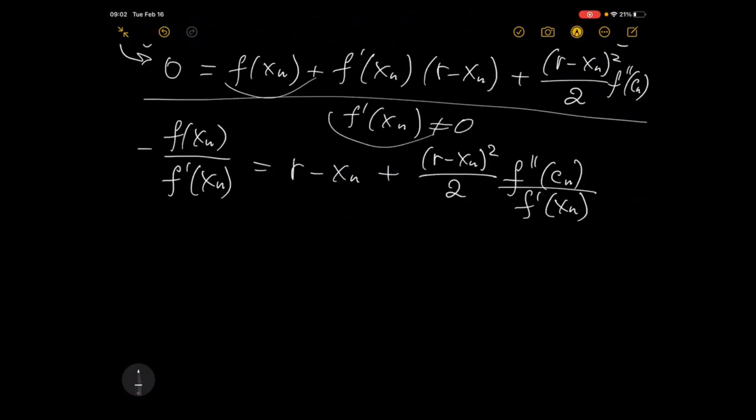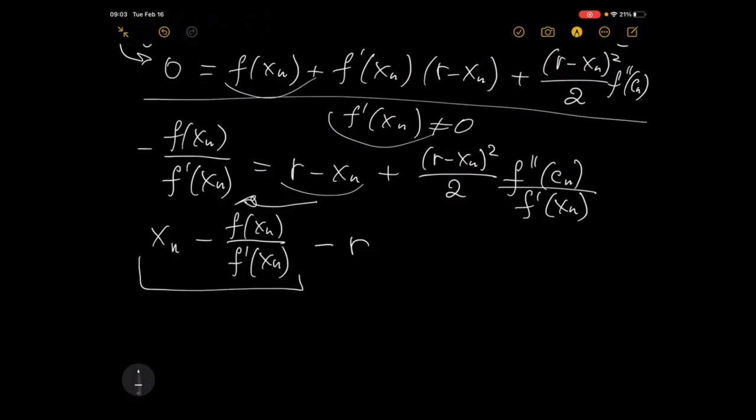So after some rearranging, this is what we can get. I will just bring these to the left hand side. So I will get that xn minus f of xn divided by f prime of xn minus r. This is nothing else but xn plus 1 for the Newton's method, right?